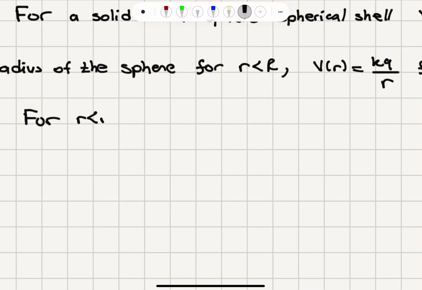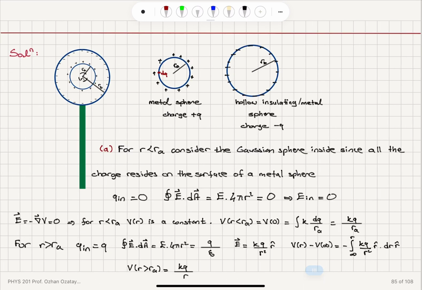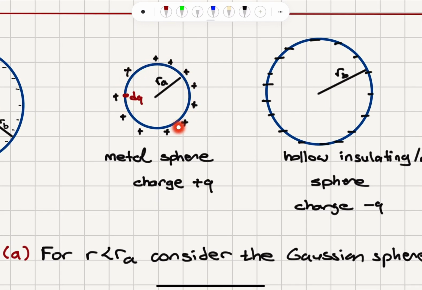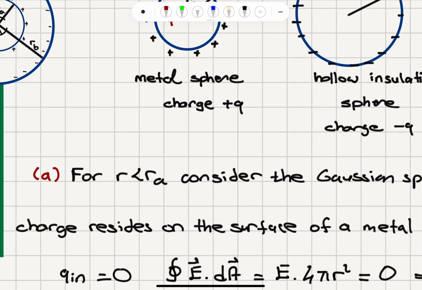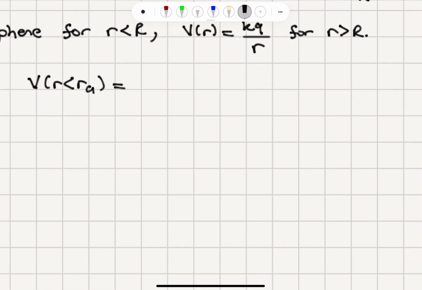Now applying it to this problem, I find that for r less than r sub a, we are inside both of these spheres. So the potential as a function of r less than r sub a, the potential due to this metal sphere, is kq over r sub a. That is the potential inside the sphere.